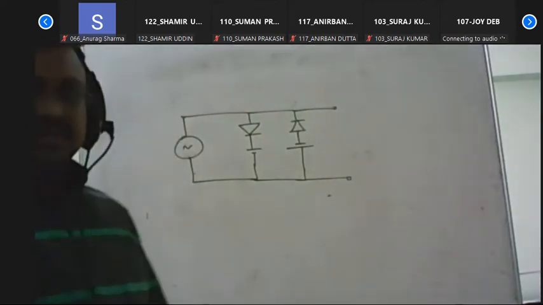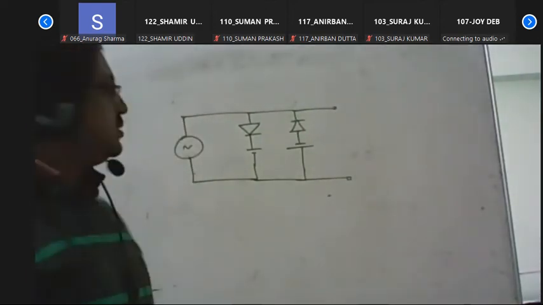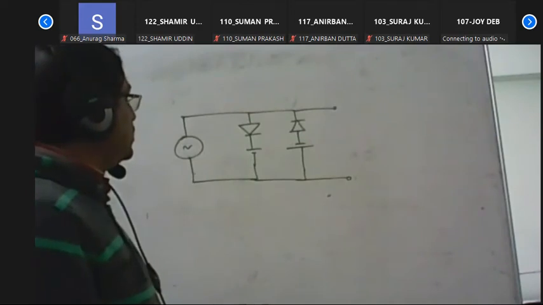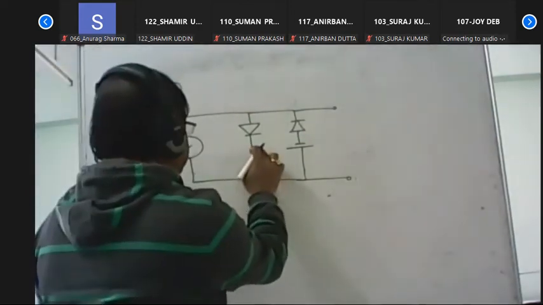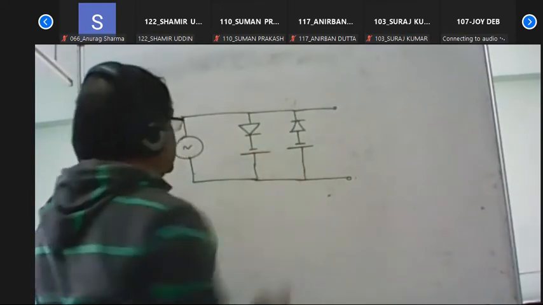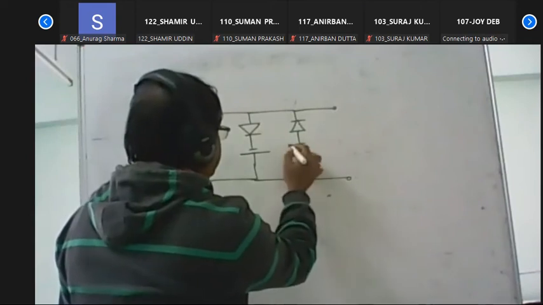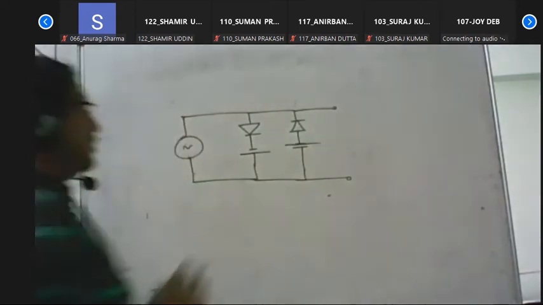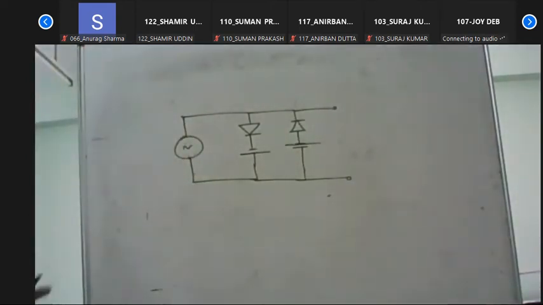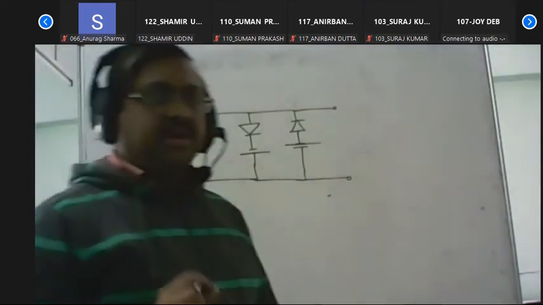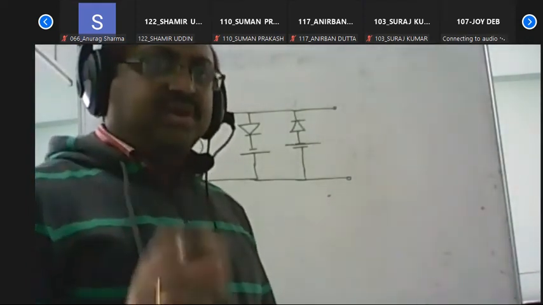For the first diode, the cathode, the N side, is connected to negative polarity, and for the second diode, it is positive polarity. Yes. So how do we identify which diode is dominant and when it will be forward biased or reverse biased?